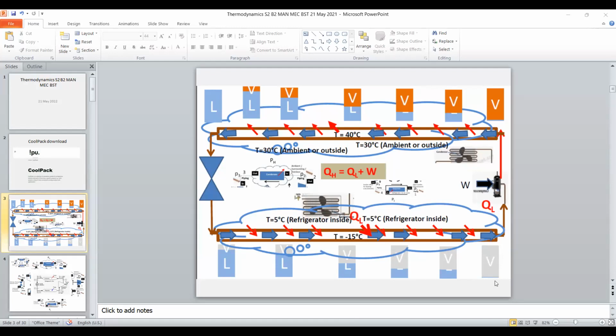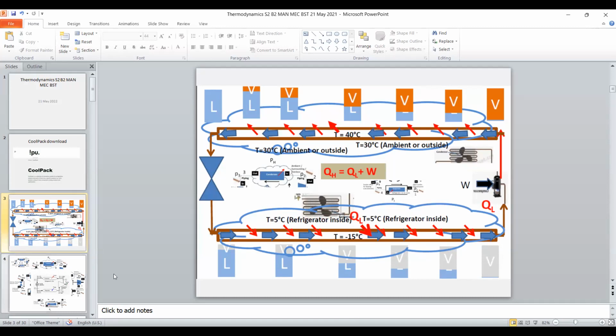This is a simple schematic only. So understanding this is very important.